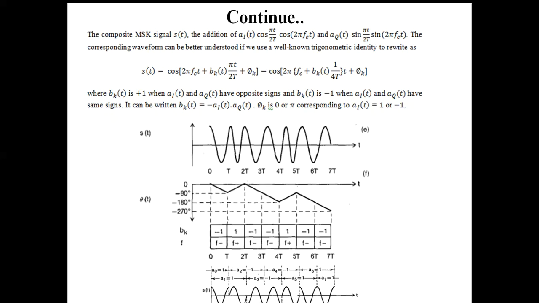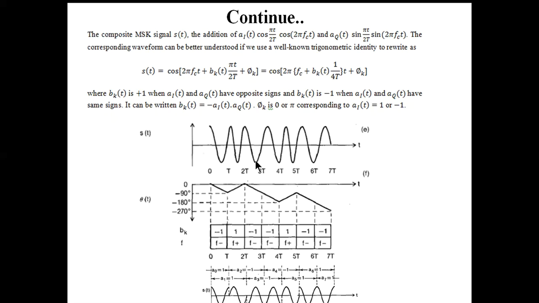The corresponding waveform for the MSK will look like this. You can see that there is no phase discontinuity, but there is a certain amount of frequency deviation. That means in some areas high frequency, in some areas low frequency.